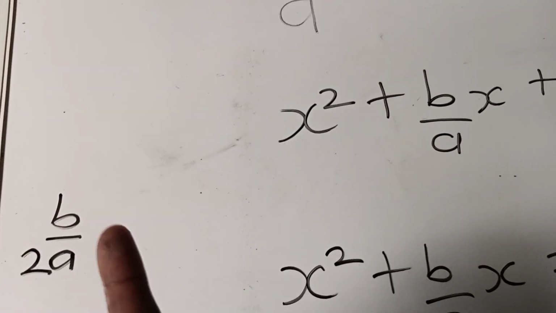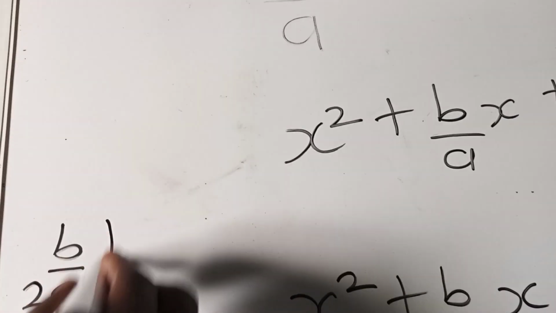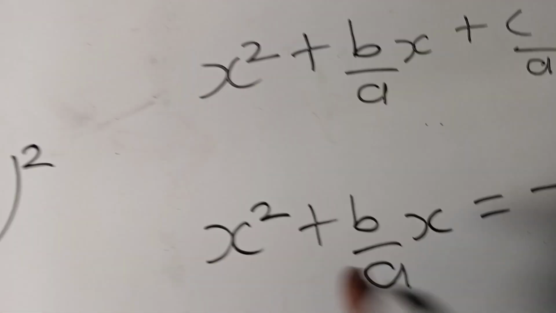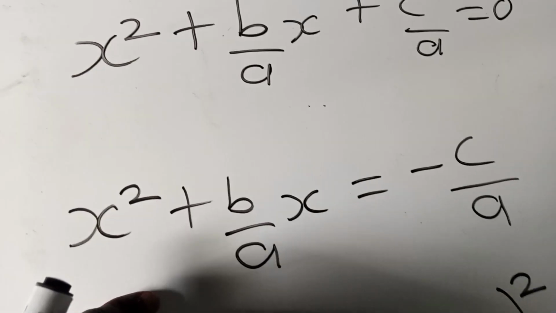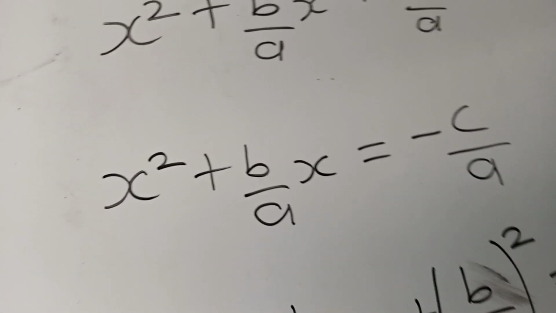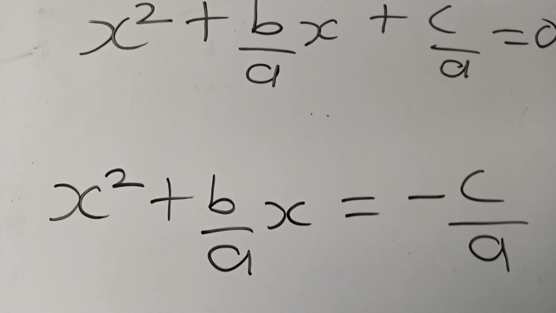Half means you are dividing by 2. So you get this, then you square it. Then you add it to this side of the equation and also add it to the other side of the equation.